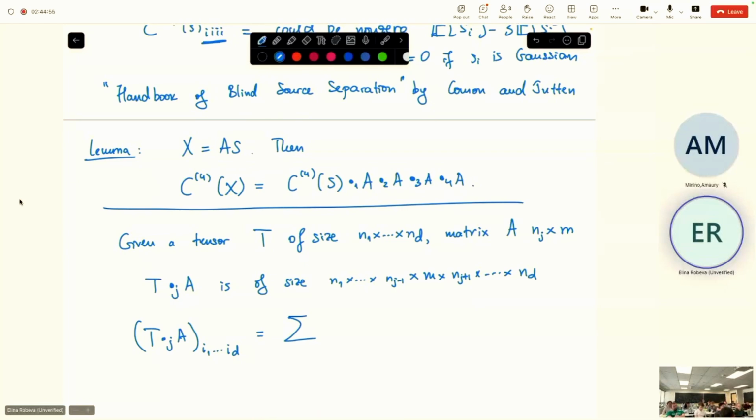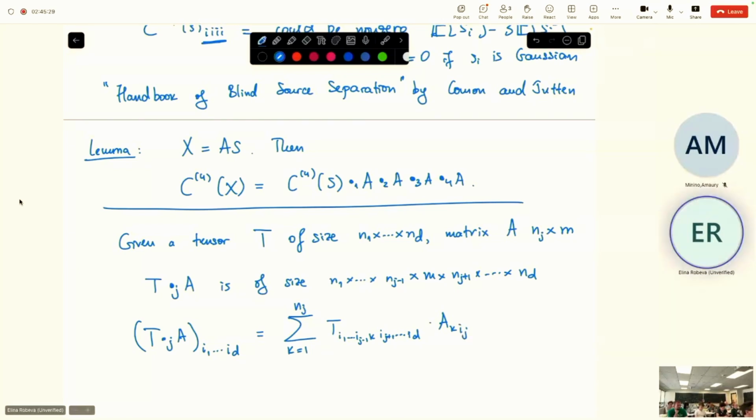If T was just n1 by n2, I would take T times A, and this would be n1 by m, but now T is much bigger, so it's really like matrix multiplication along one side. So, sum over k from 1 to nj of T(i1, ..., k, ..., id) times A(k, j). And that's it.